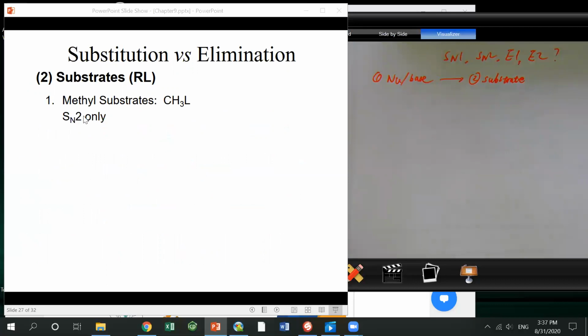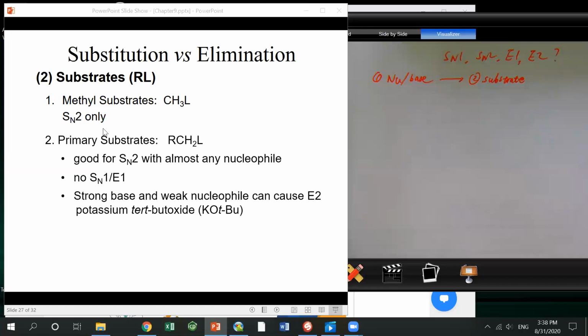Because there's no beta hydrogen, you cannot do E1 or E2, and in the methyl case, you cannot do SN1 reactions, so no carbocation. And if it's a primary substrate, it also prefers SN2 reactions, and again no SN1 and E1 reactions because there's no stable carbocation for the primary substrate.